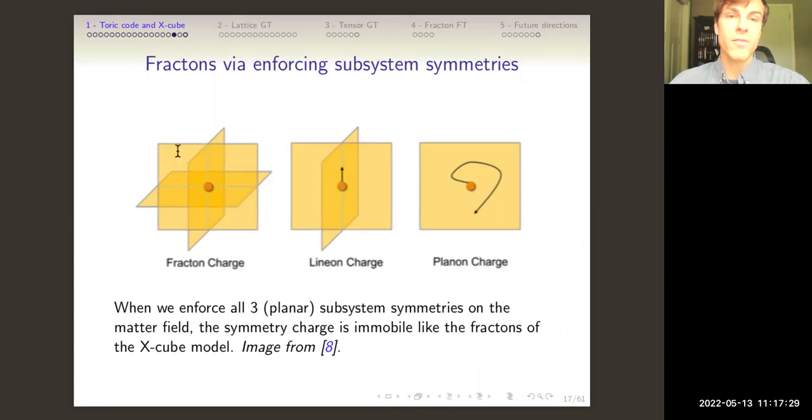Or if we obey all 3 of the subsystem symmetries according to each axis, the particle is immobile. So these lineons, corresponding to dipole symmetry, as well as immobile charges, which we'll cover in the next few slides, are the 2 stereotypical things of fracton phenomenology.